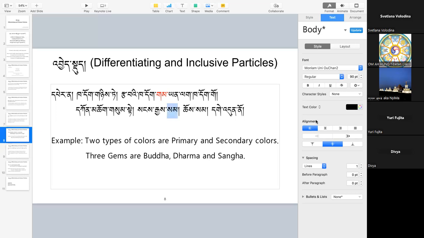Here we see the particle is sam. So these particles are used here in order to differentiate, to split, or to classify a main class into different subclasses.